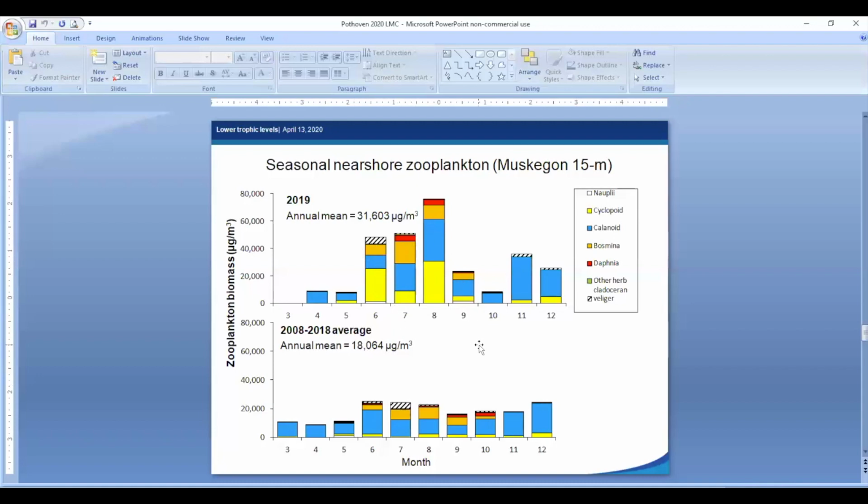And Bosmina are the main cladoceran nearshore instead of Daphnia. We do have some sizable inputs from veligers that show up seasonally, usually in the early summer. It's important to note as well. But just really interesting to see that we did see a push in zooplankton biomass in 2019 at this site relative to what we'd see on average, and especially during the summer.